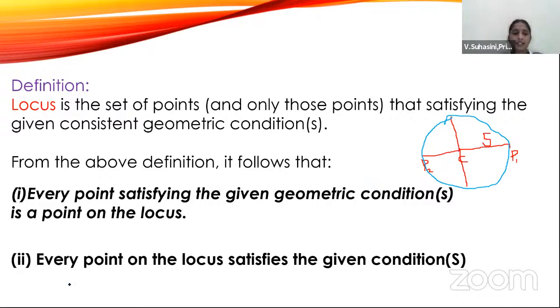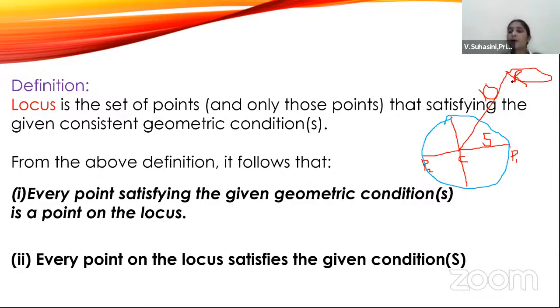Observe another condition, children. I will take another point now, R, which is at a distance of 10 centimeters, for example, not 5, more than 5. Where will that point be? Outside. When R is not satisfying the condition, the point will not lie on the circle.